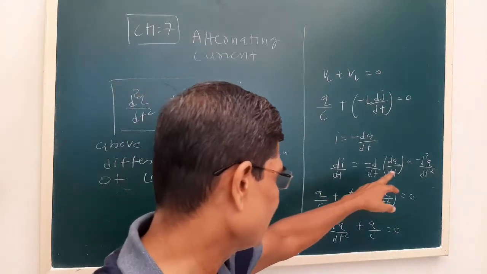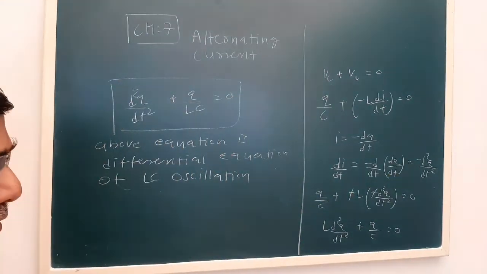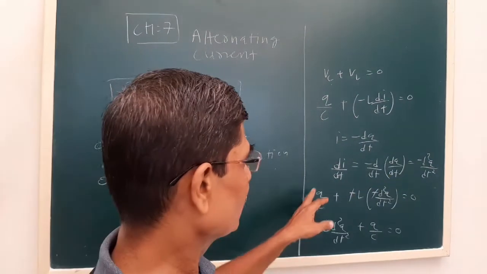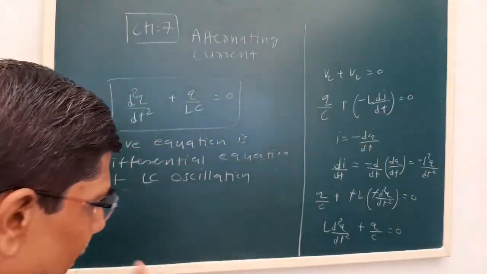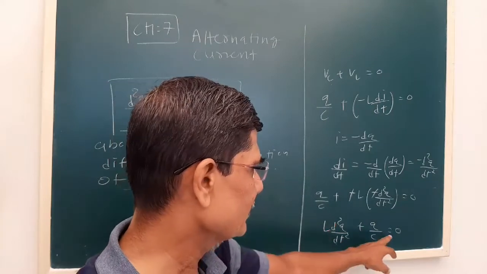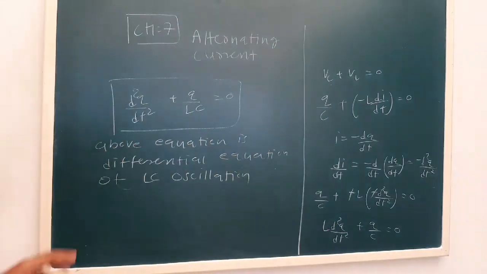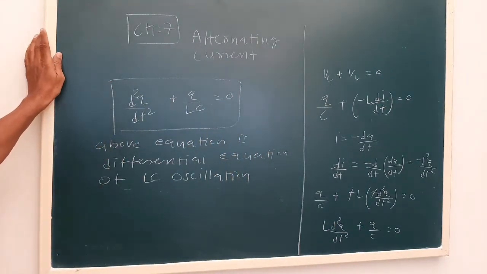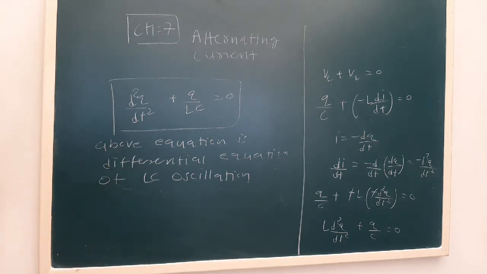So di by dt will become minus d square q by dt square, that we substitute in this equation. So our equation has become q by C plus L d square q by dt square is 0. We divide by L, so d square q by dt square plus q upon LC is 0. See, the above equation is the differential equation of LC oscillation.